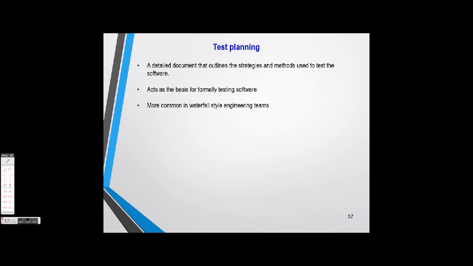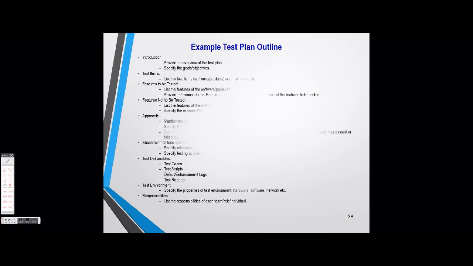Well, just like you don't just go ahead and start cowboy coding and running code without any sort of plan, same thing with testing. You need to have some sort of detailed document that outlines the strategies and methods that you're going to use to test the software. It acts as a basis for formally testing software. This would probably be more often seen in waterfall style engineering teams as opposed to more agile teams that might have a more loosely defined test environment.